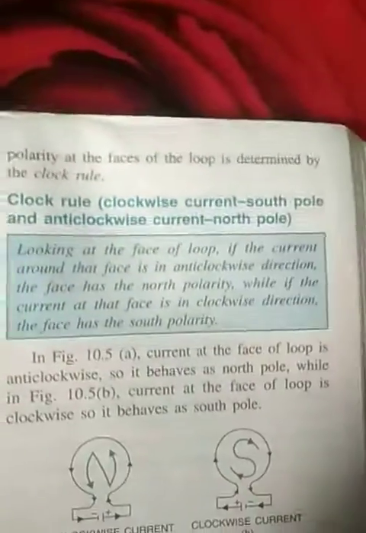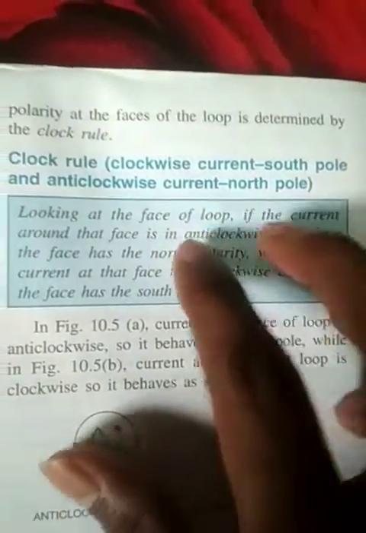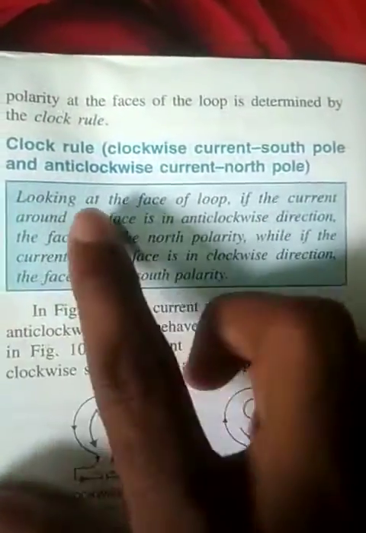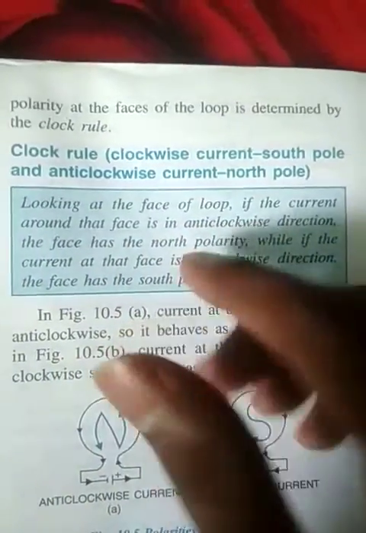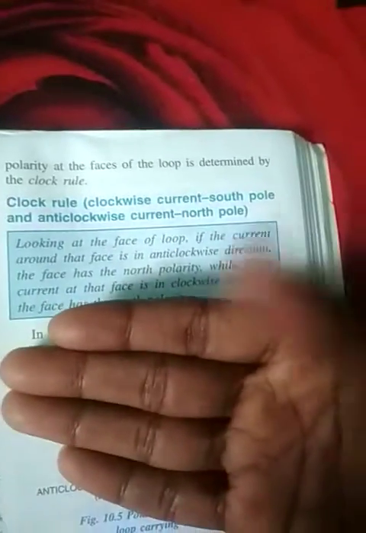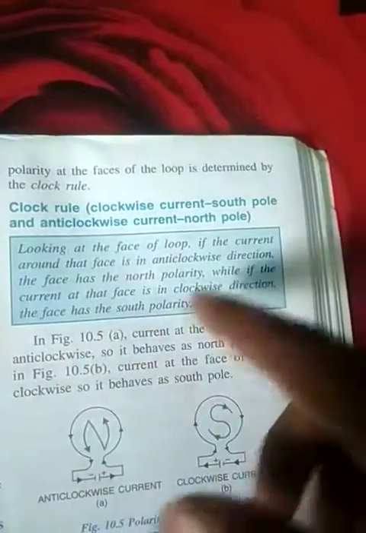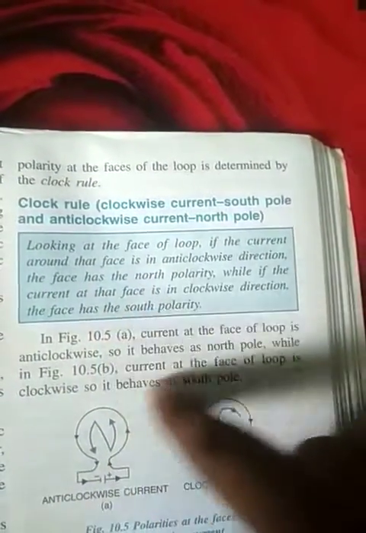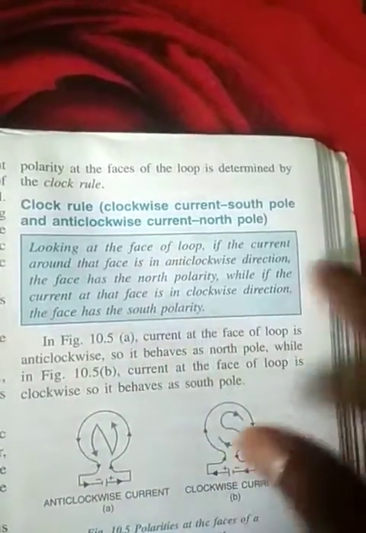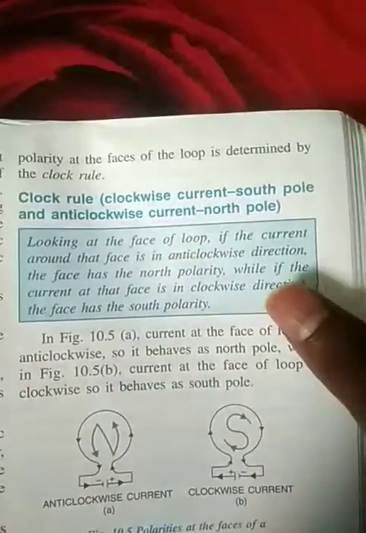Looking at the face, how do we identify the north and south pole of the loop? Clock rule. If you are looking at the face of the loop and the current around that face is in anti-clockwise direction, the face has north polarity.